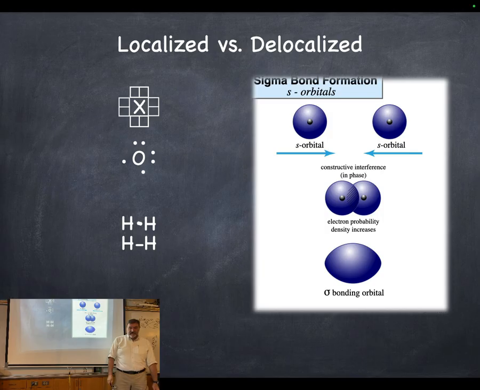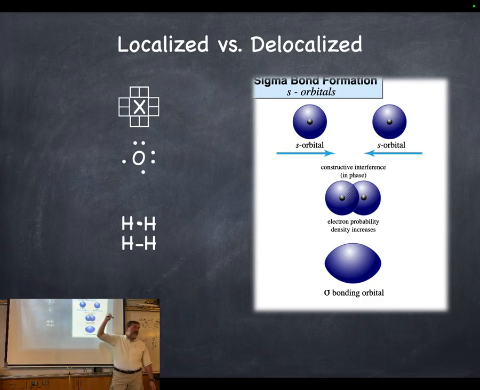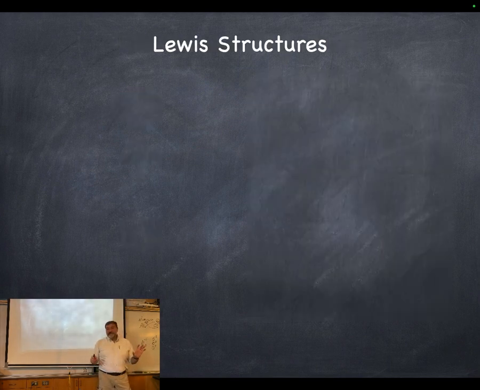So just be aware that the Lewis structures that we're going to spend most of our unit talking about, while fine as an introductory model, leave a lot to be desired in predicting how molecules actually behave, where electrons are actually likely to be found, and the energies that they have.